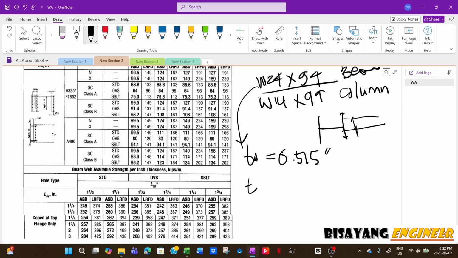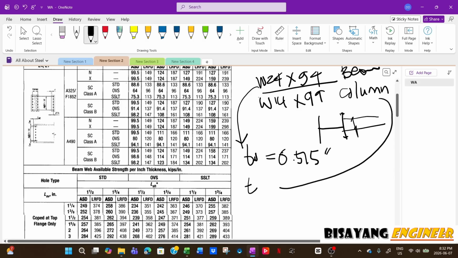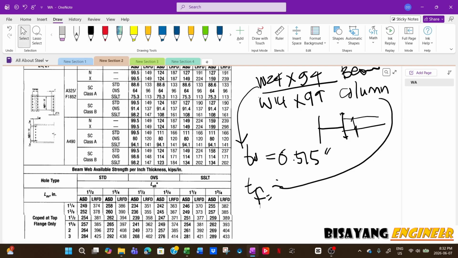And then for the W14 column, you need the thickness of flange because the connection will be the beam web through the column flange. So that's why you need the thickness of the web of the beam, and then thickness of flange for the column, which is W14 by 99.